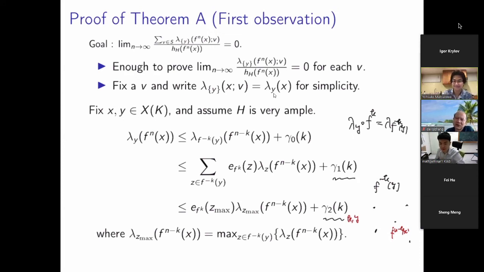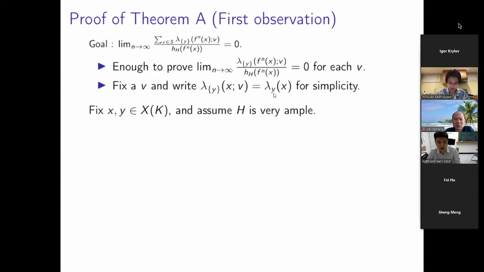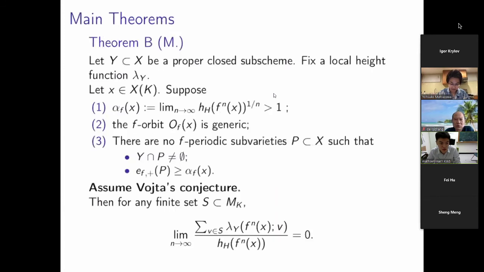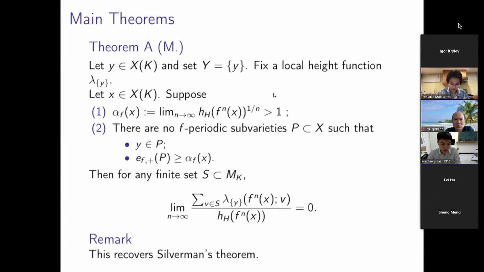Okay, thanks. I have a question. I'm considering your condition in your theorem. Can you change to the slide? Theorem A. You have two conditions. One is arithmetic degree is greater than 1, and the second condition is a little bit longer. I'm wondering, what if your P is a prime divisor?